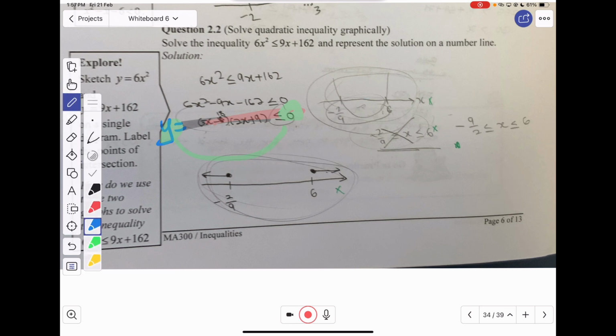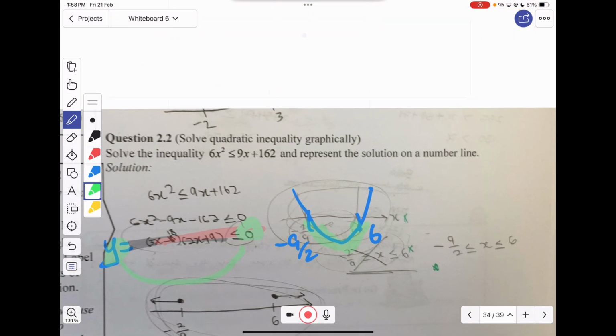It is over here, this part. The green segment is where your y value is negative. That's where your answer is. That's why your answer looks like that. This inequality represents this green section here. Is that okay?